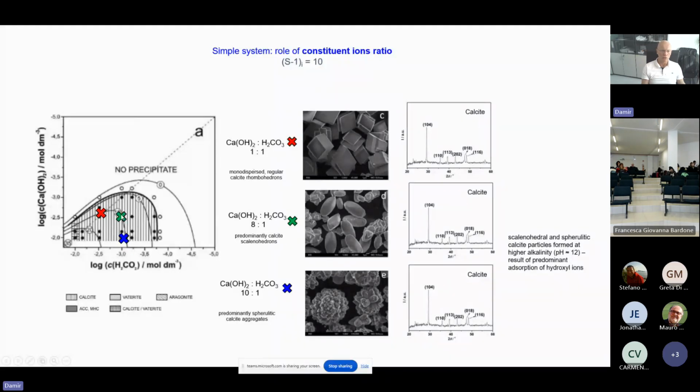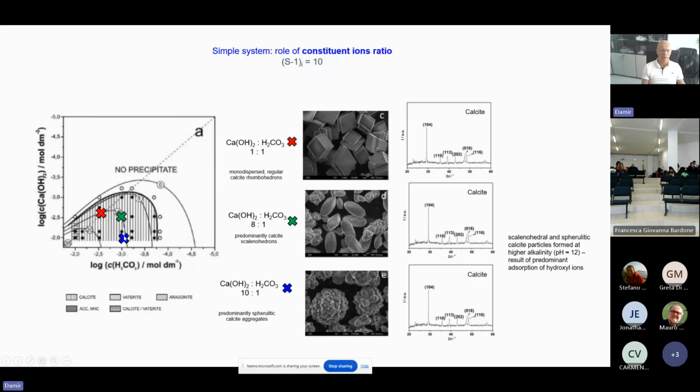We have calcium against carbonic acid 1:1 concentration. In this point, we have a much higher concentration of calcium hydroxide. The concentration of calcium hydroxide here is 10 to minus 25, while the concentration of carbonic acid is less. It's 8 times lower.